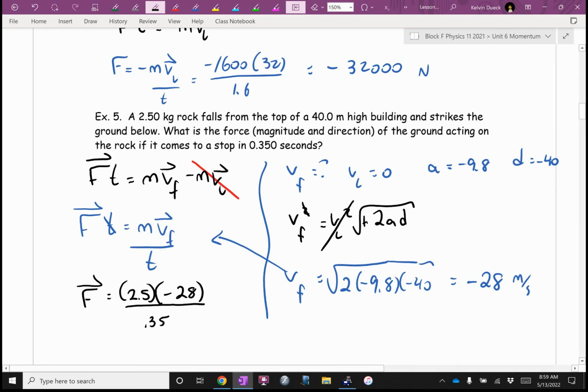What do you get? When the rock hits the ground, does the ground apply a force down or a force up? Why did we get a negative? Can you see the very subtle mistake we made on the very first line?